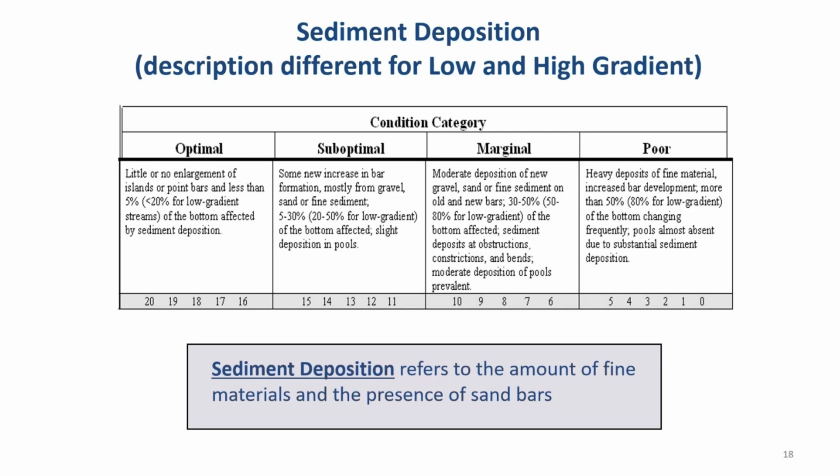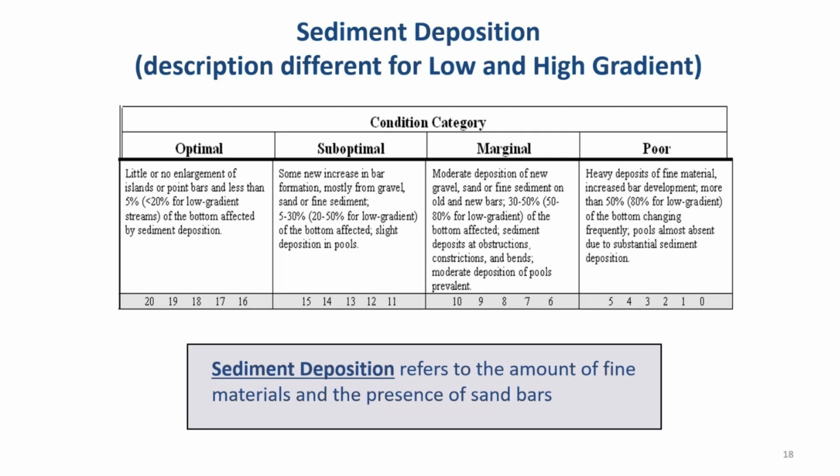For sediment deposition, the next question, in the optimal situation there's little or no enlargement of islands or point bars, and less than 5% of the bottom is affected by sediment deposition. It's the amount of fine materials that are present and the presence of sandbars.